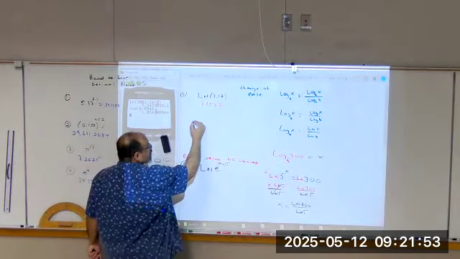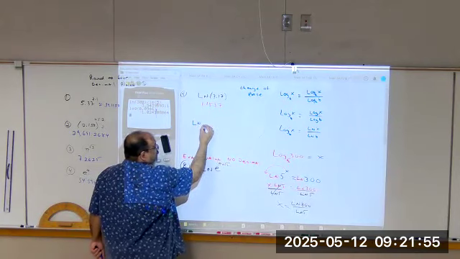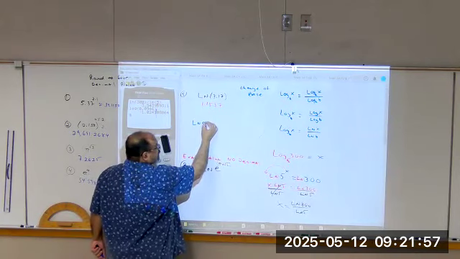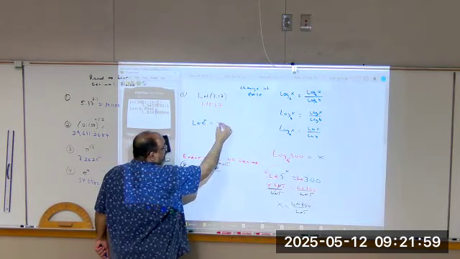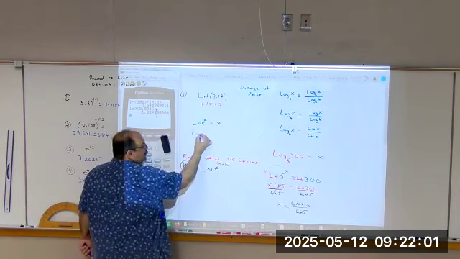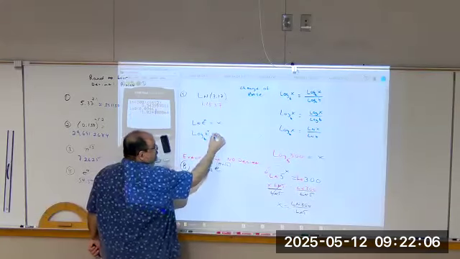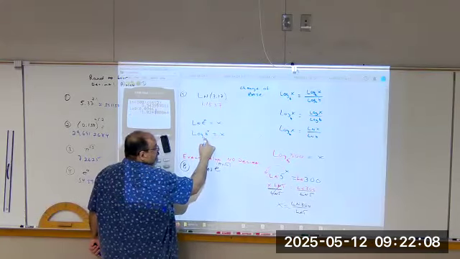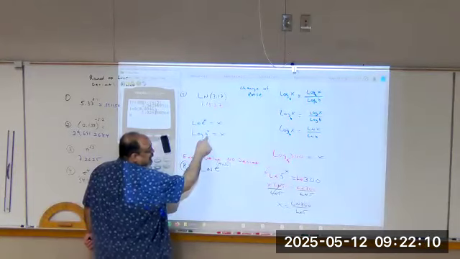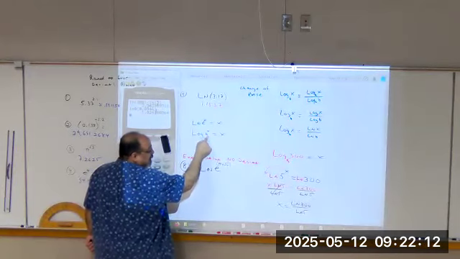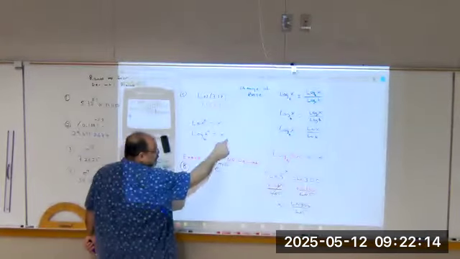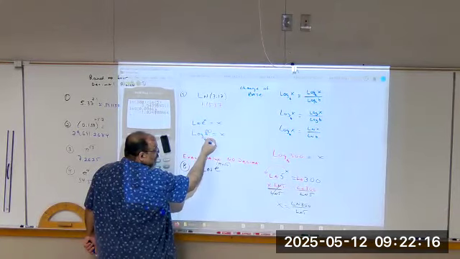this rule. Natural log of e to the x is just x. Log base b of b to the x is just x. If I take log base b of an exponent base b, if the bases are the same, they undo each other, you just get the power.